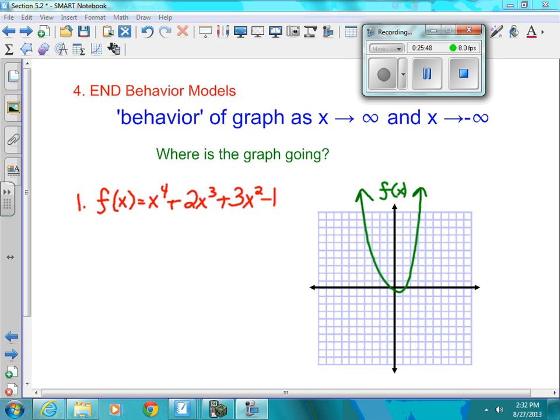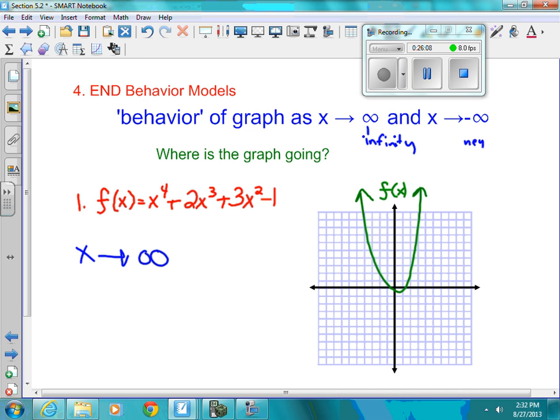So as x, this first one right here, this notation, x arrow infinity, and this is negative infinity. That's what these terms represent, the sideways 8.